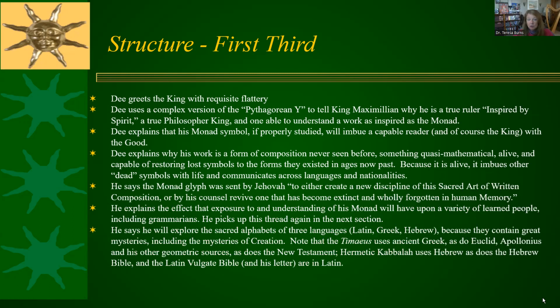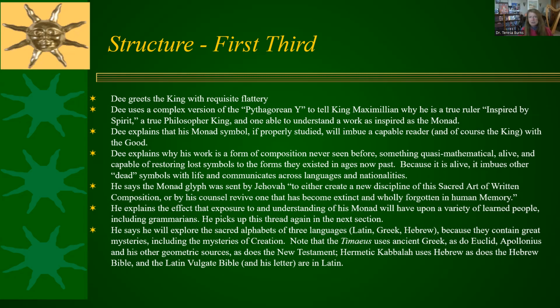He says he's going to explore sacred alphabets of 3 languages, by which he means Latin, Greek, and Hebrew, because they contain great mysteries, including the mysteries of creation. Note that Plato's Timaeus, of course, uses ancient Greek, as do all the geometers he uses, and he'll also refer to some ancient Greek philosophers.